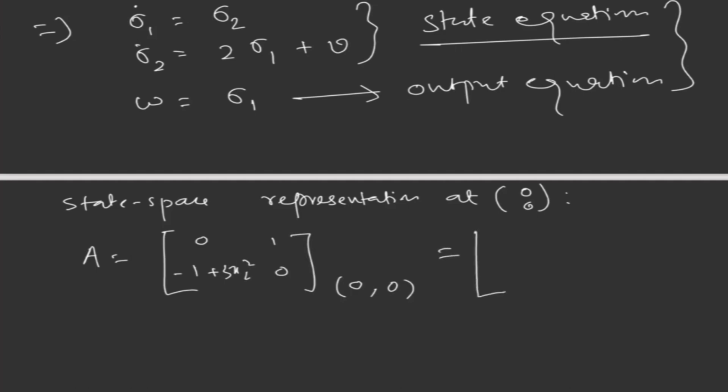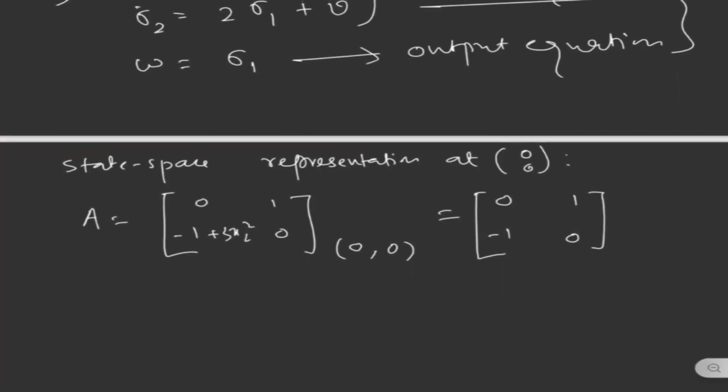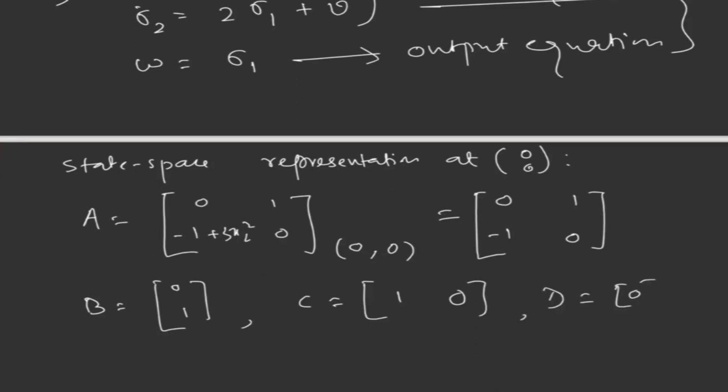The B matrix remains the same, 0, 1. The C matrix is again 1, 0, and the D matrix is 0.